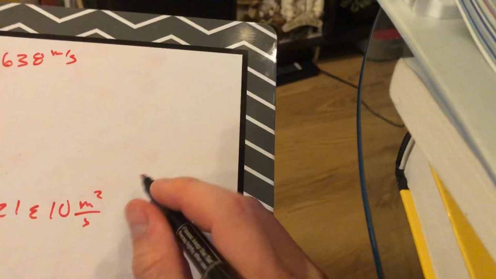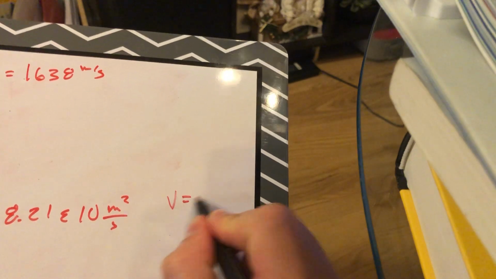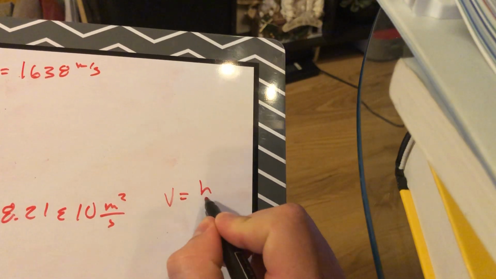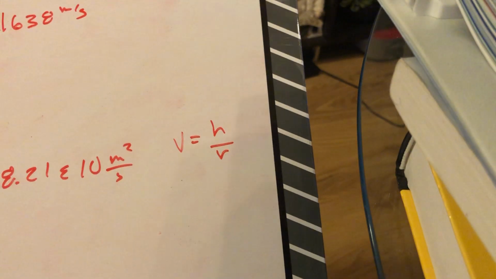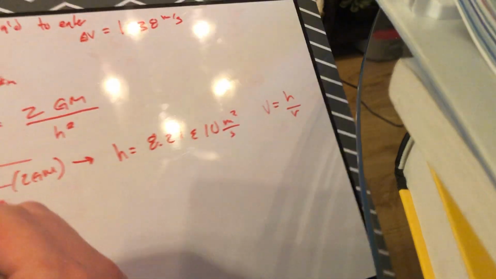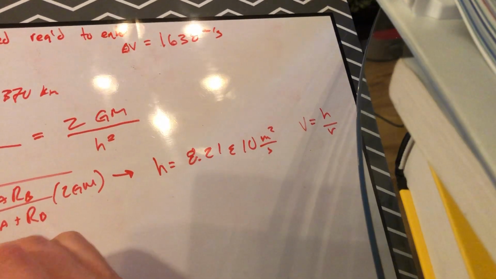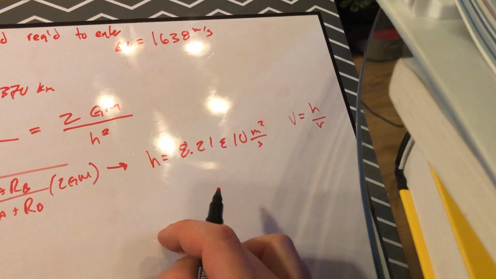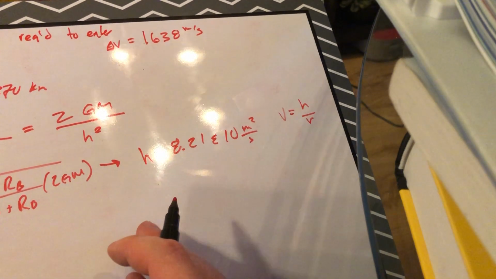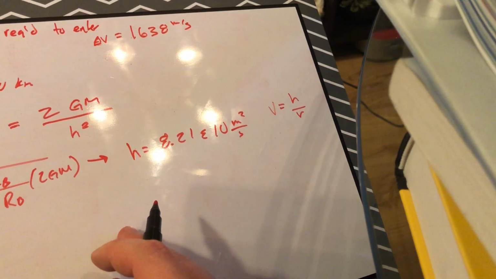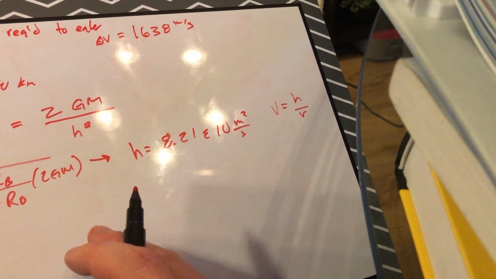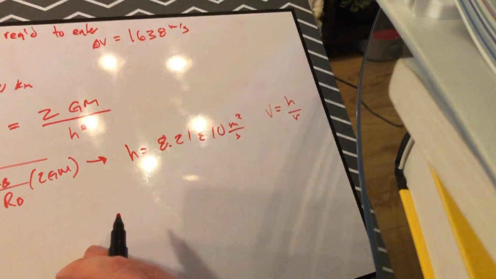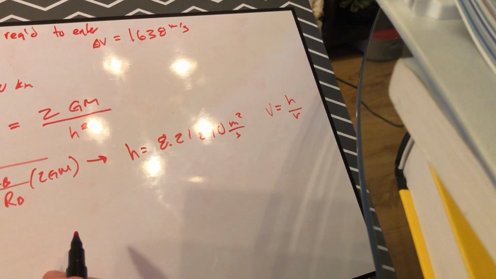Now what we know is with our angular momentum, V is equal to that divided by the radius. So at point A in our diagram, we have 8.21 E10, and our radius is going to be 2.55 E7.